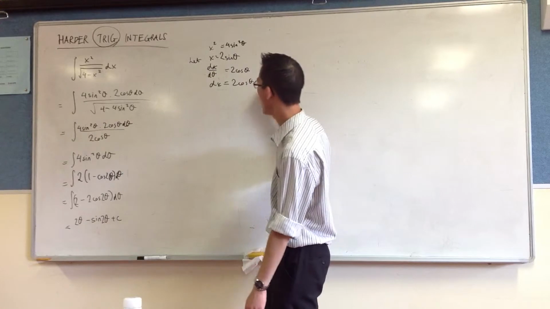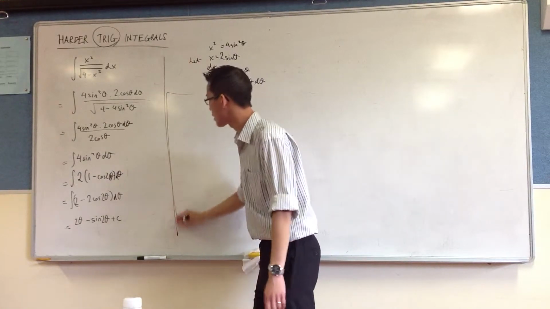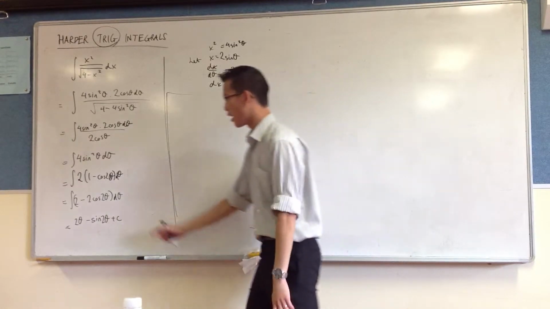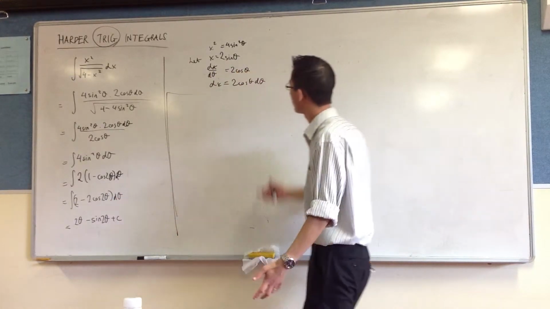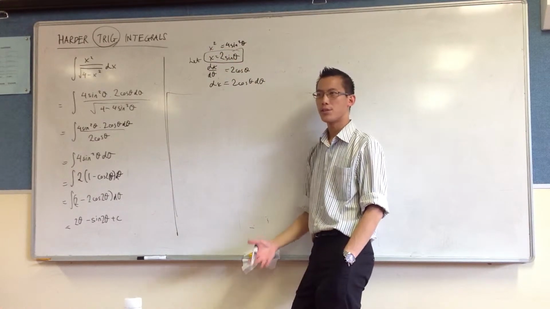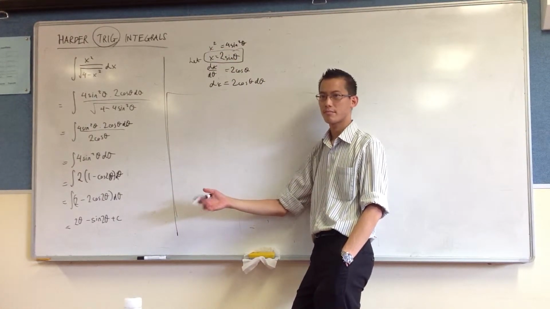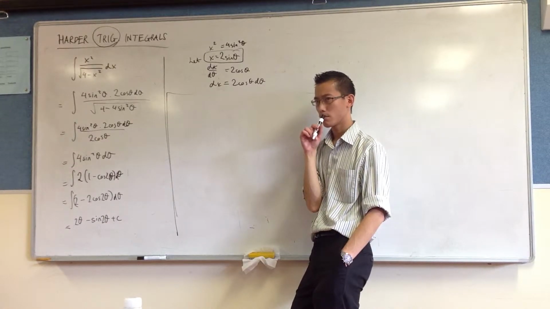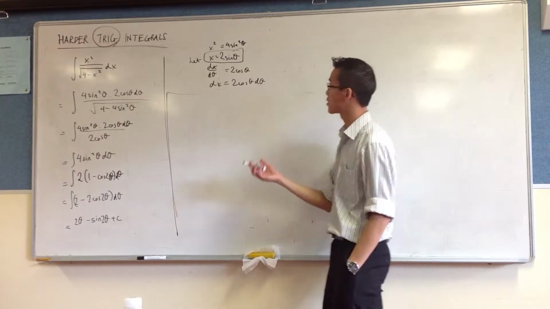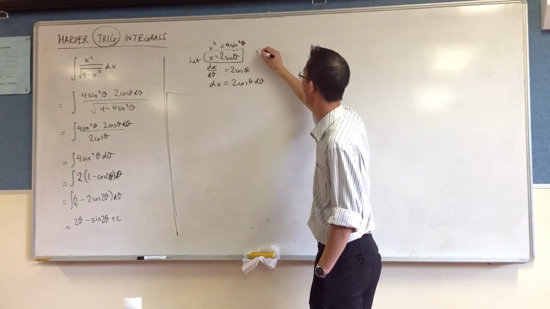So, let's continue over here. I've got a 2 theta and I've got a sine 2 theta. Let's deal with the first one first. How do I get rid of theta? My substitution was this, right? So what am I going to have to do to get theta into it? Yeah, I'm going to have to use inverse functions. So I'll take the 2 over the other side.